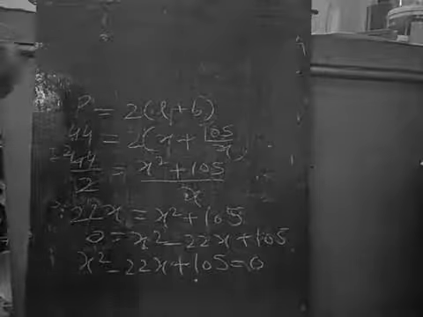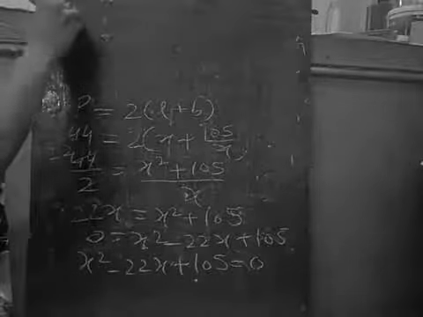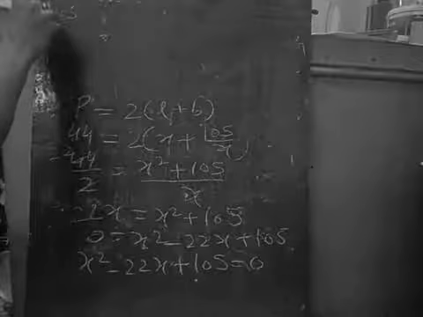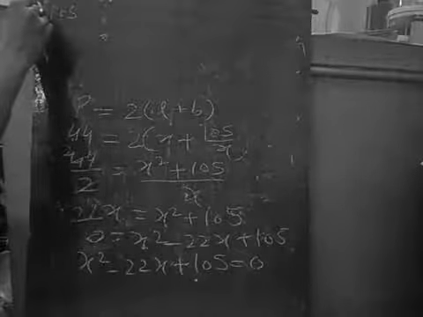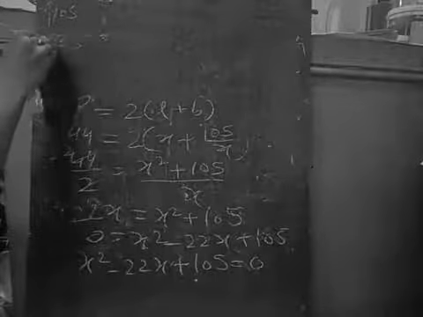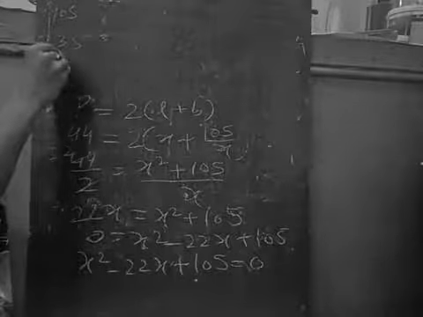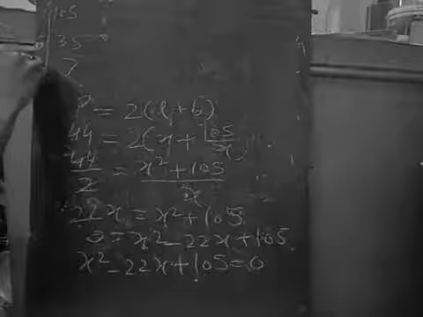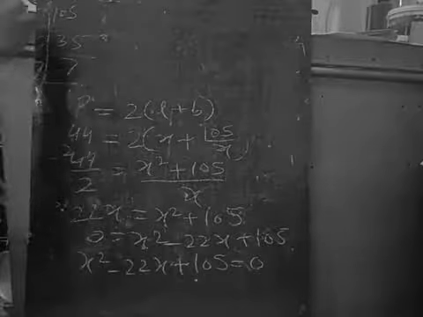Factors of 105: dividing by 3 gives 35, then 5 and 7. We have got 3, 5 and 7.